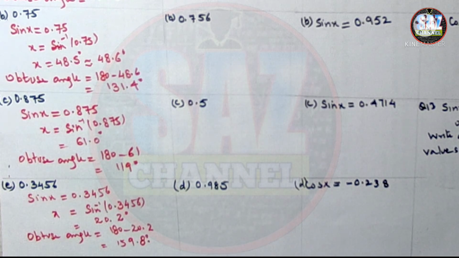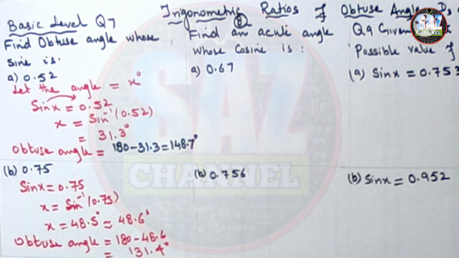And now moving to the next question that says find an acute angle whose cosine is, the first part is 0.67, second is 0.756, and the third is 0.5, and the fourth is 0.985.